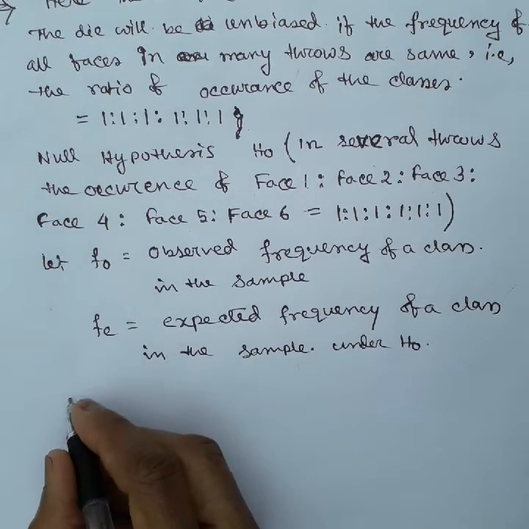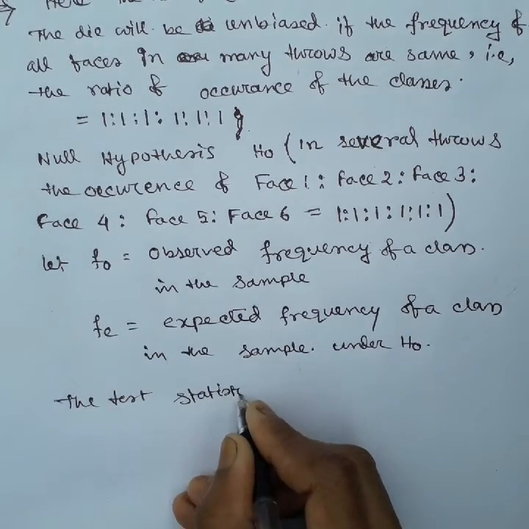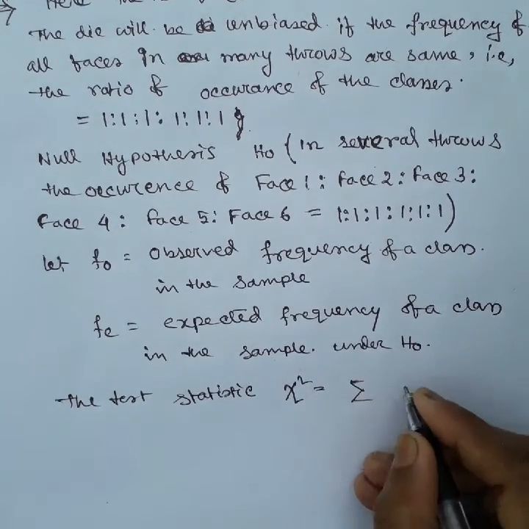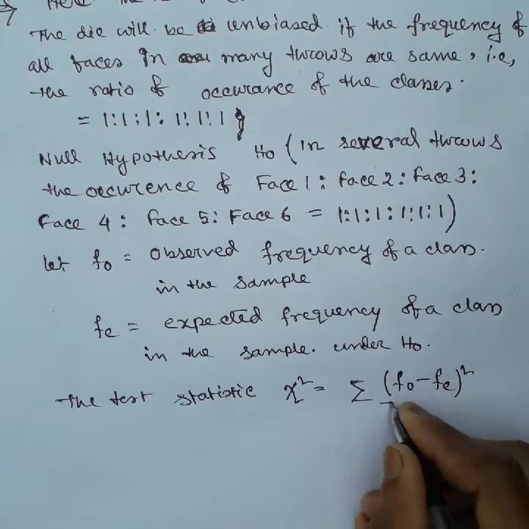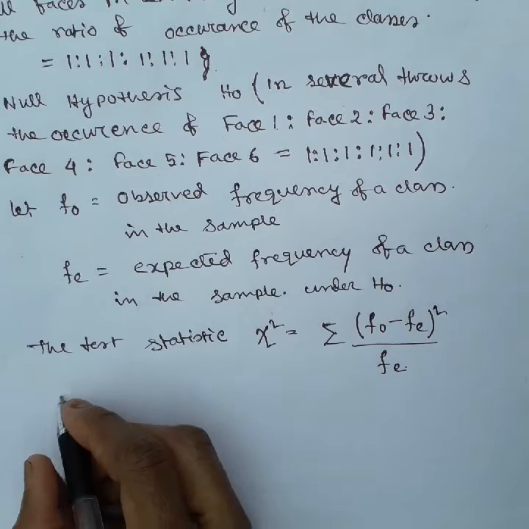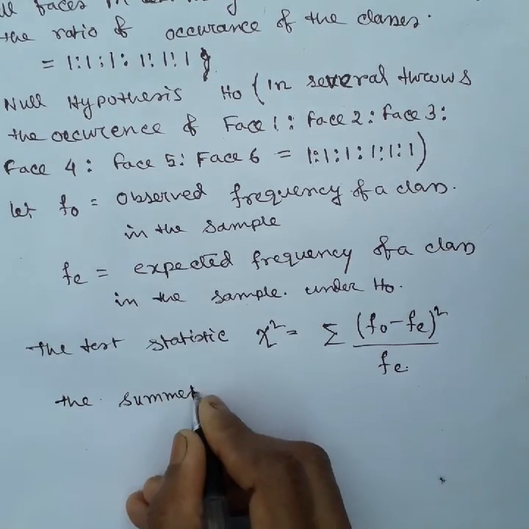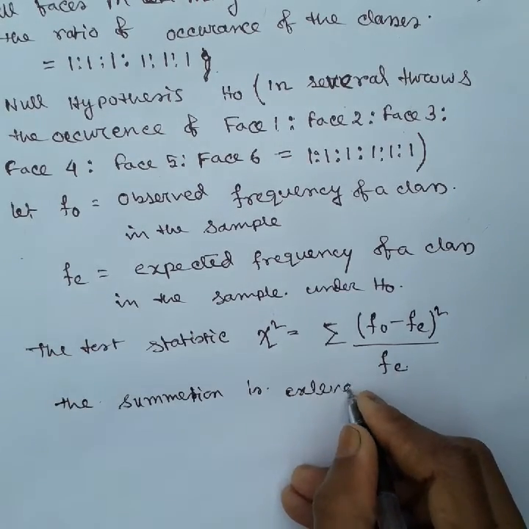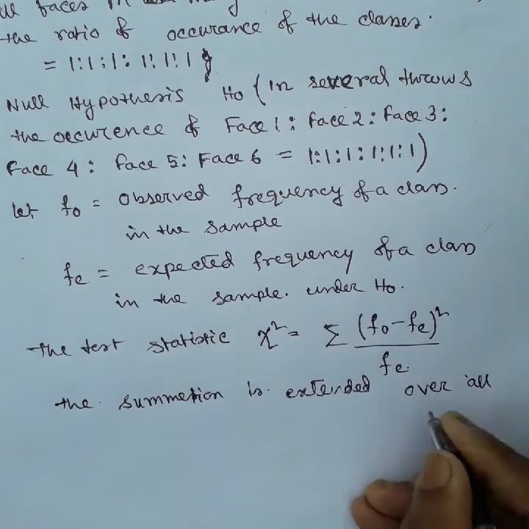Okay, so the test statistic chi-square is equal to summation of (FO minus FE) whole square by FE. The summation is extended over all possible classes.